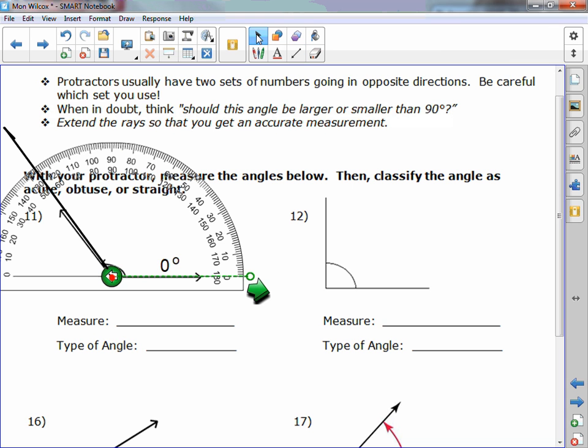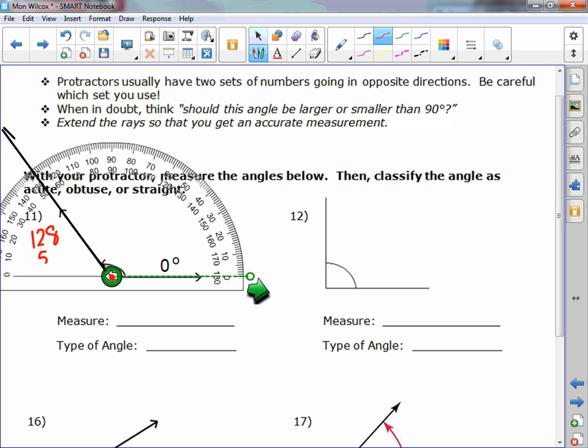I'm going to scoot it over some. It's kind of hard to see where the numbers would line up. I'm going to move it over just a tad. And looking at my protractor, it looks like that hits right about 128 degrees, close to 130. You also see the bottom row of numbers looks like it's about 52. So ask yourself, do I have 128 or do I have 52?